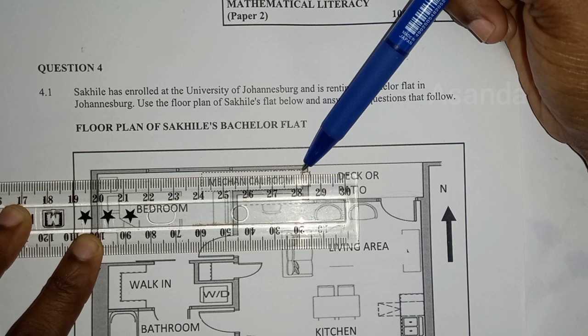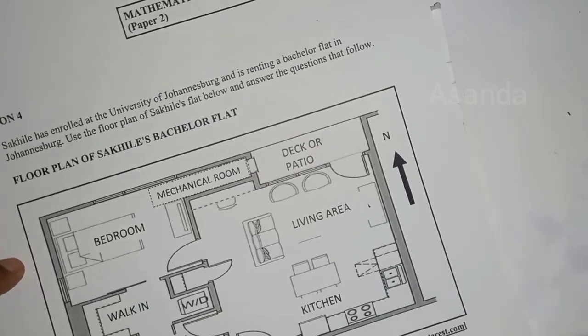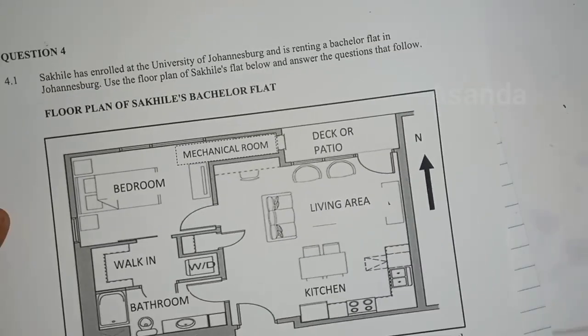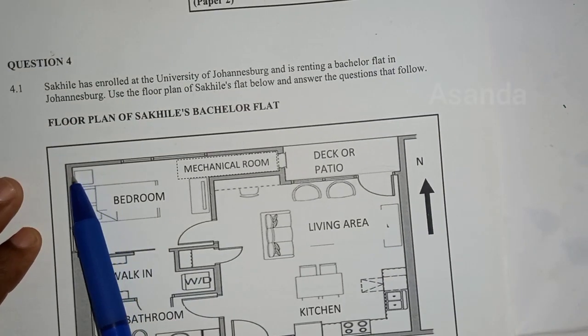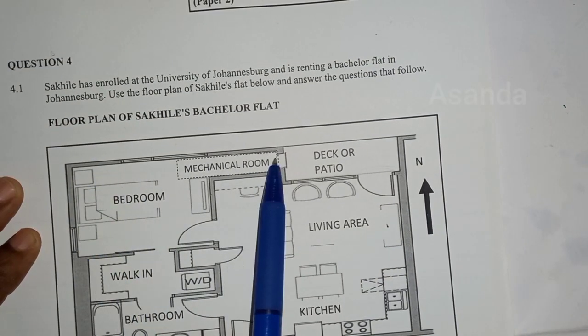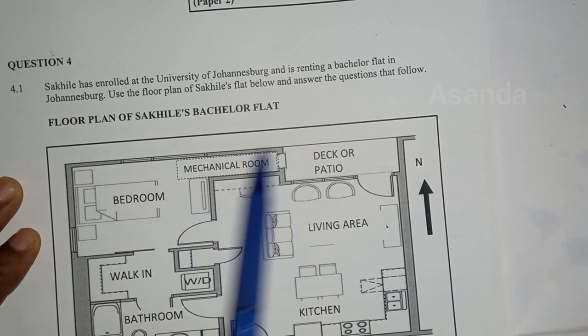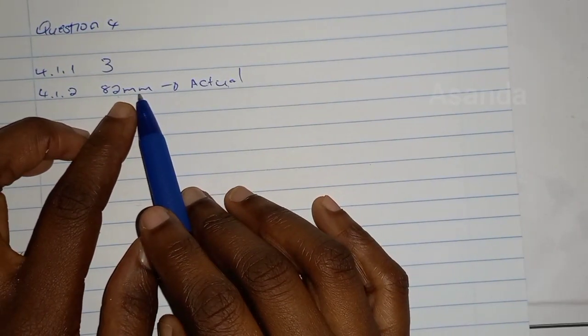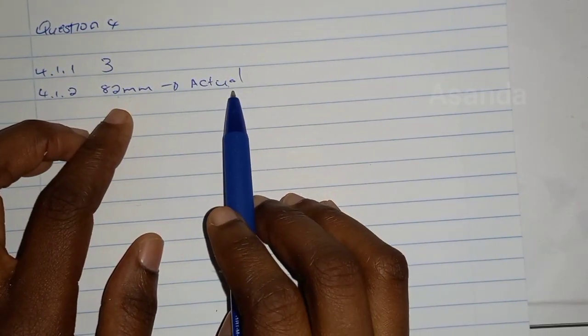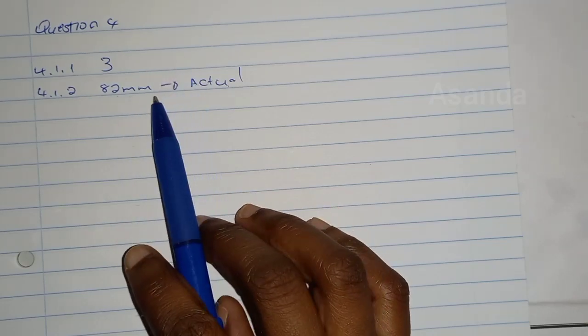It's 82 millimeters. If you are familiar with buildings, you'll find that the rooms have an inside length and an outside length. I'm going to assume they want the inside length because they just said the bedroom. They didn't give us the measurement, even though they said we must change it, so we measured it ourselves.